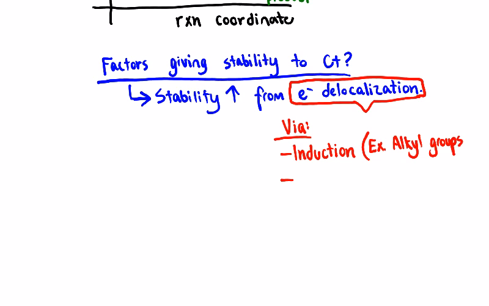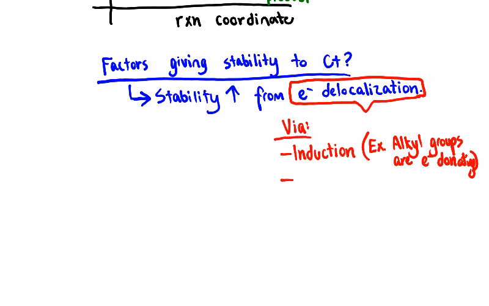So if we have alkyl groups surrounding the carbocation, they're going to tend to donate electron density toward the carbocation and therefore make that carbocation less intensely positively charged. So alkyl groups are electron donating, and by donating that electron density, that's going to help stabilize the carbocation.